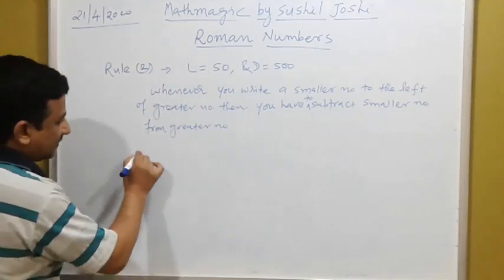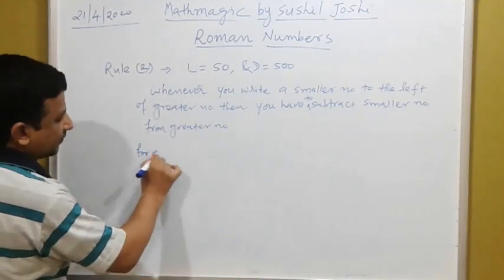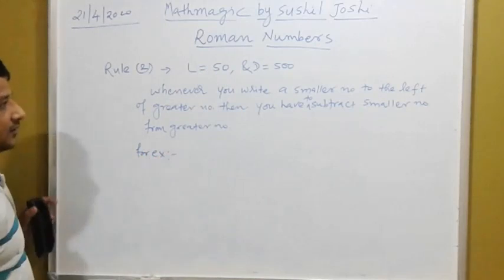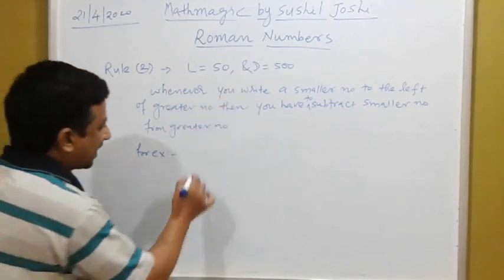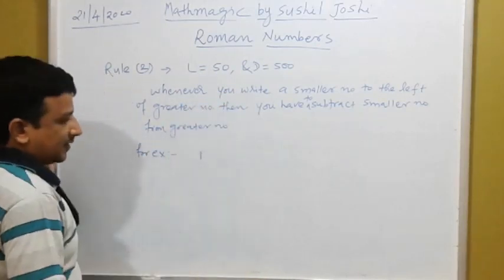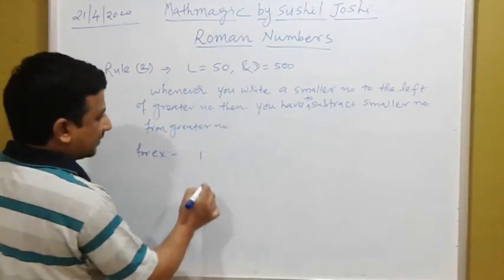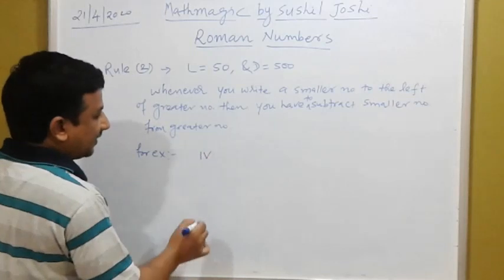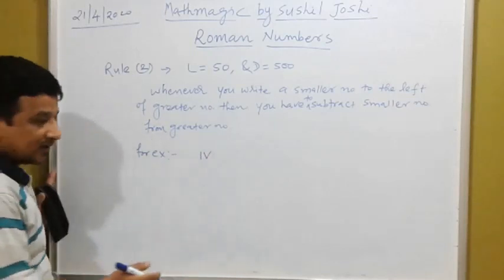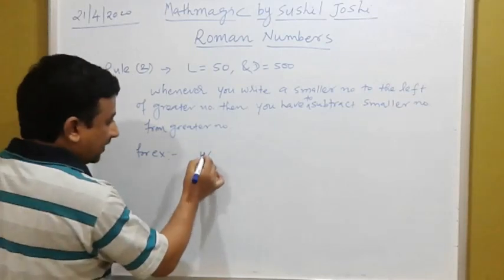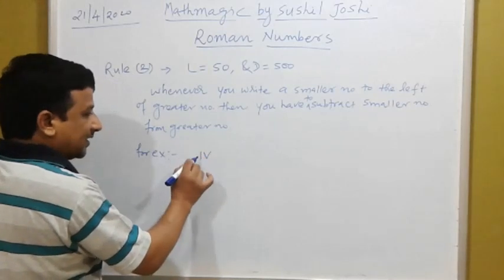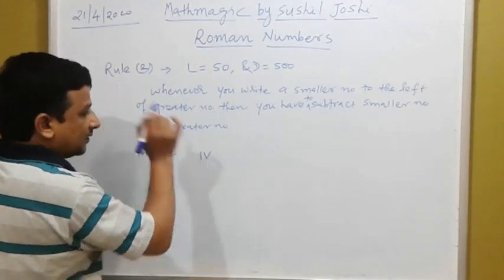So what does it mean? Look here, for example. Whenever you write a smaller number, suppose I write I, I represents 1. And I write V, V represents 5. V is greater than I. That means 5 is greater than 1.